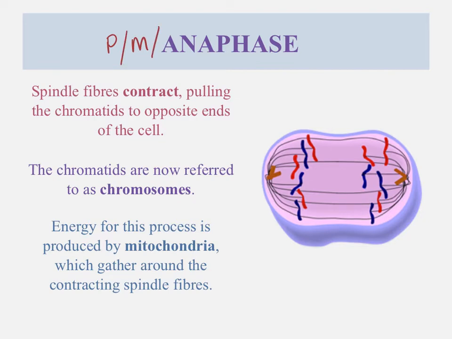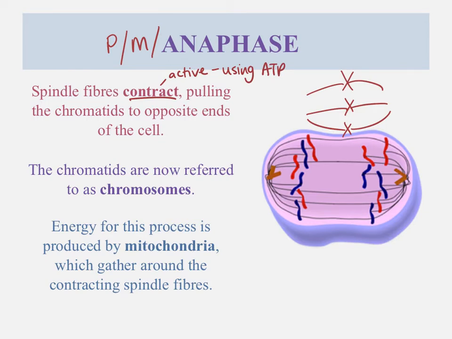Now here, you can see the cell has very, very visibly changed. We've got these spindle fibres that were initially all in the middle, attached to the centromere, as we drew in the last one. Okay, they have now contracted. They're contracting, remember, it's an active process using ATP.